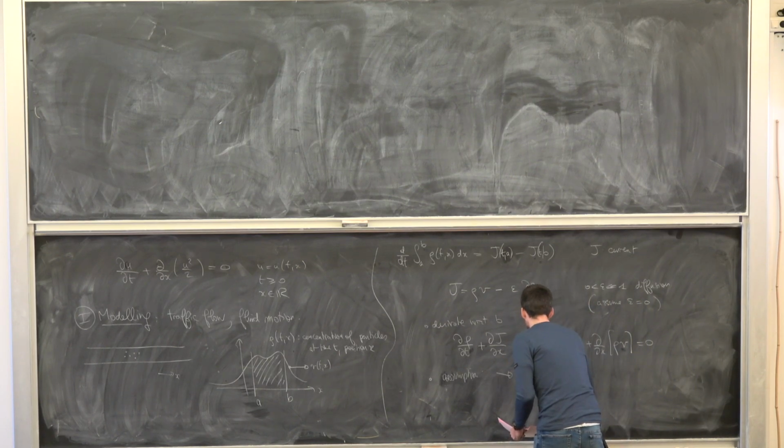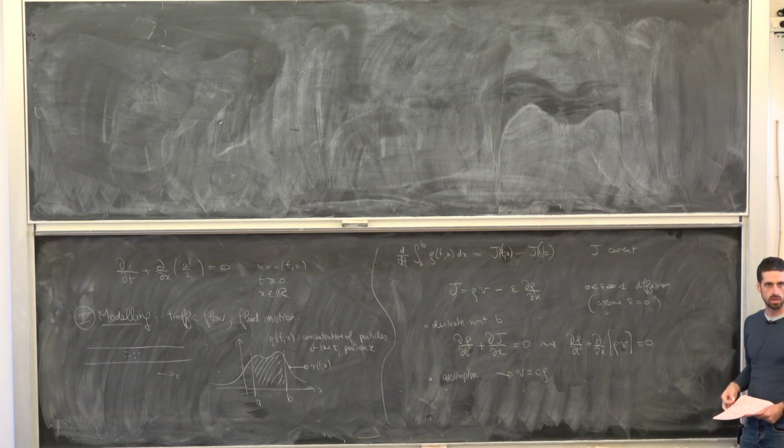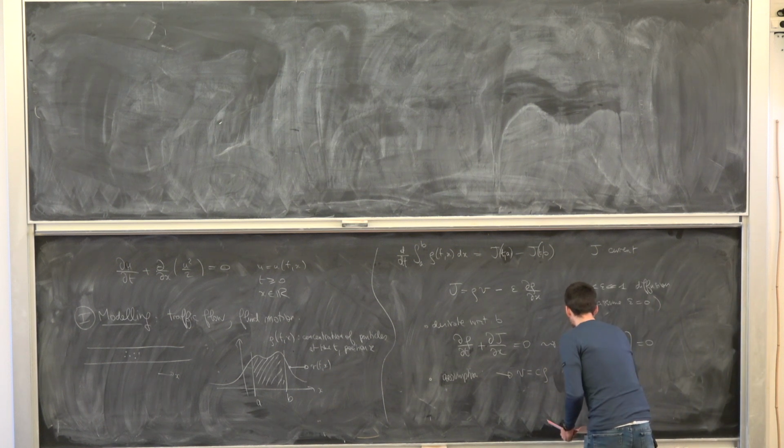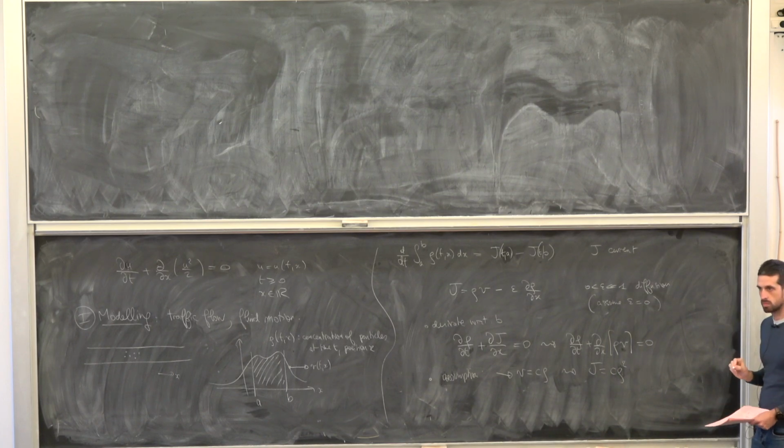You could say, okay, but v is going to be proportional to the quantity of particles I have. Say the more particles, the faster they flow. Why not? And then if you do this, your j is going to be just c times rho squared.